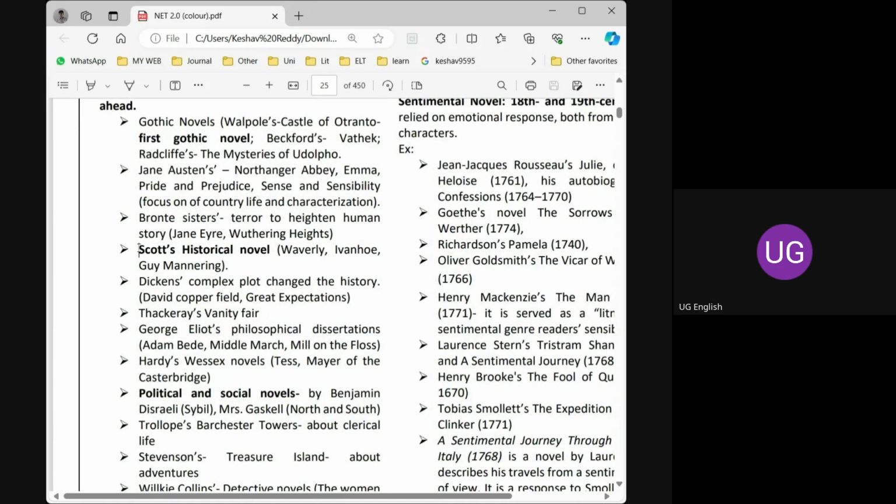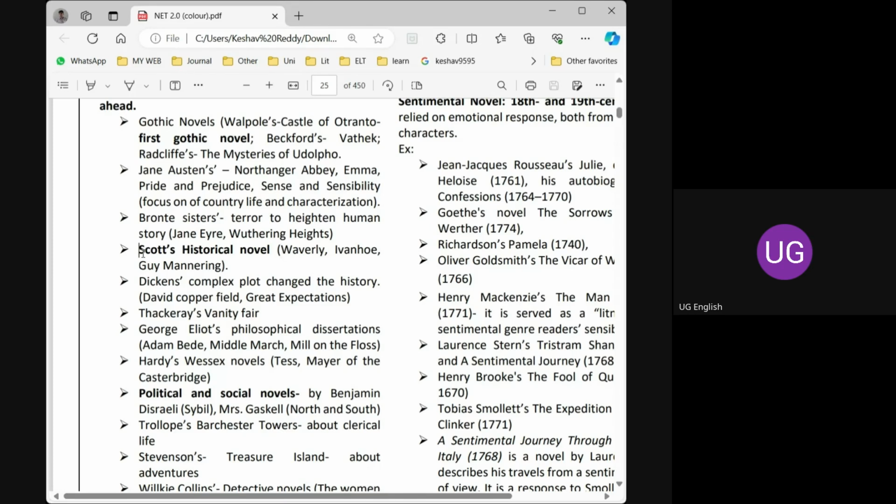And the historical novel mastered by Walter Scott. When you come across the term historical novel, our mind should flash and we should get the name on our lips. That is Walter Scott.